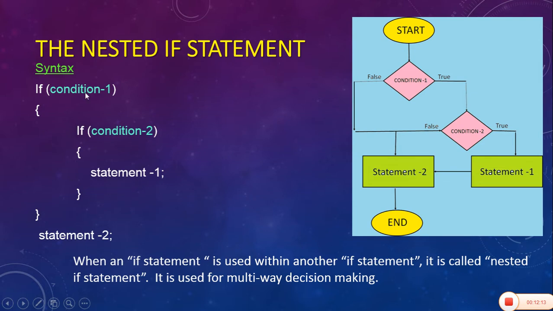Now if we consider another case, if condition number 1 is true, the control is transferred inside this block, and if condition number 2 is false, then statement number 1 will be ignored, and the control will be transferred to statement number 2.